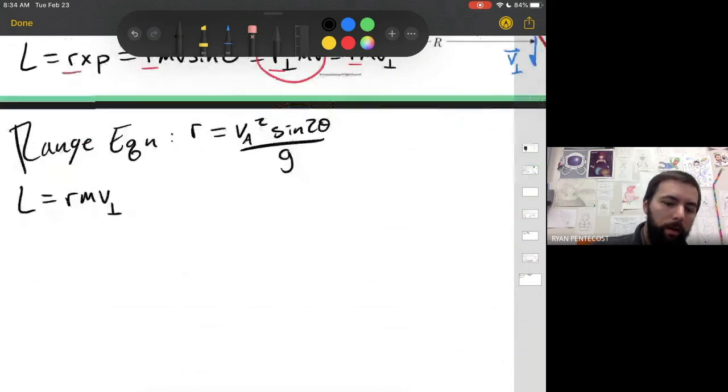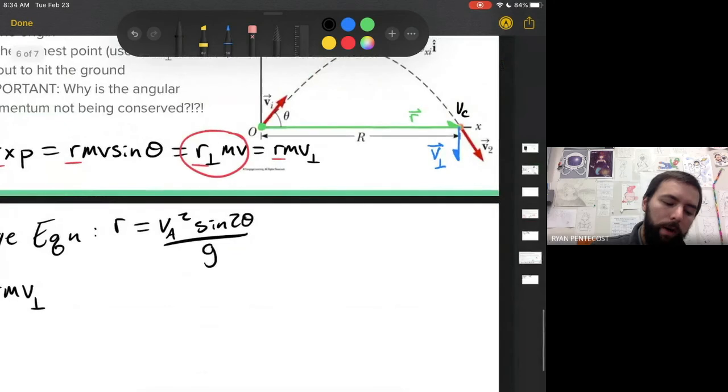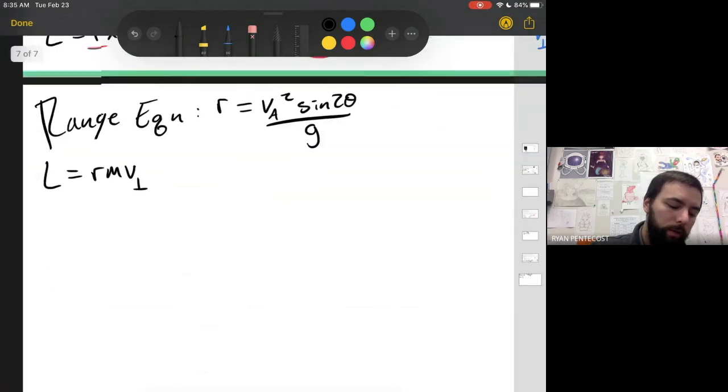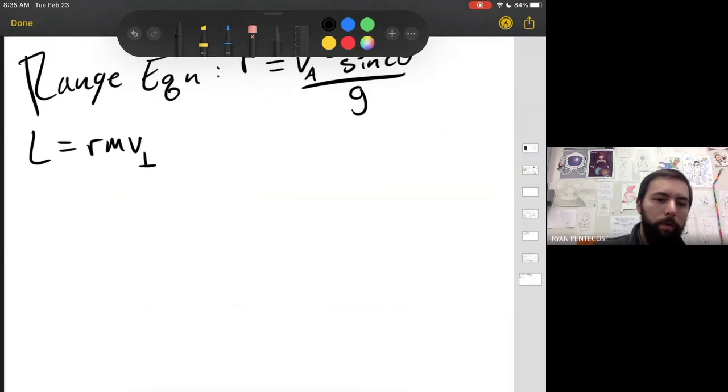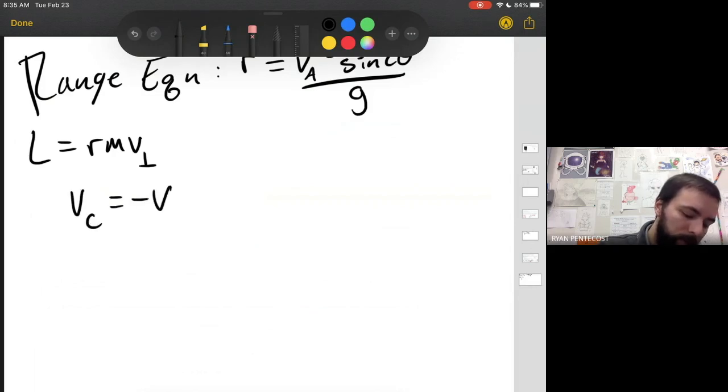Now, for our V perpendicular, what we can say is that VC is negative VA, right? That's fine, because you're not wrong.